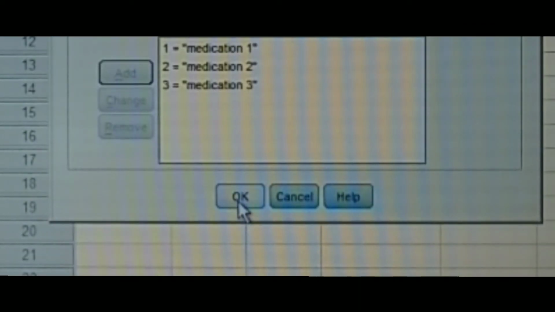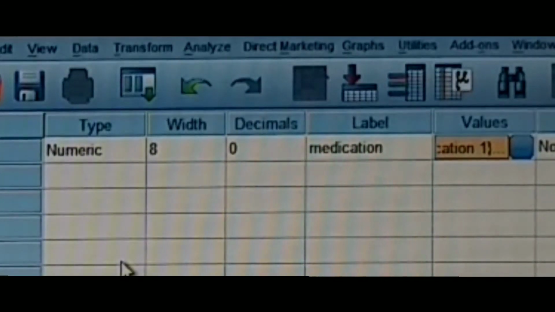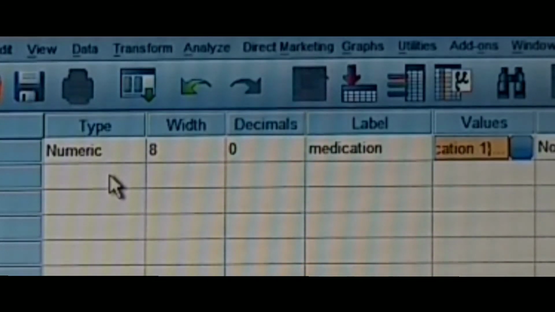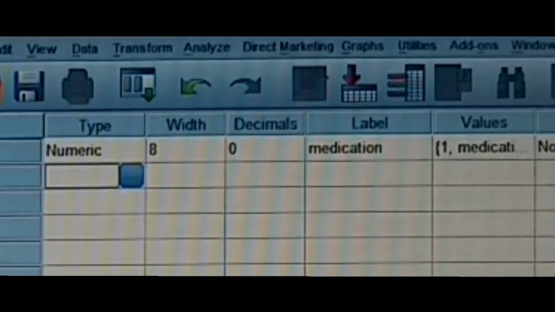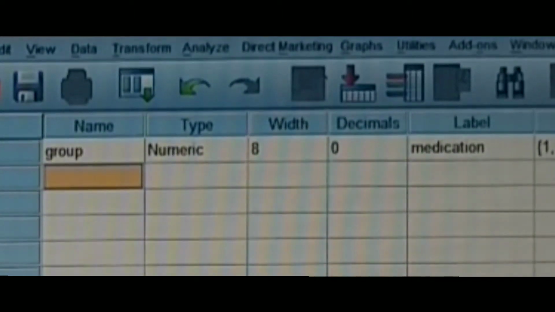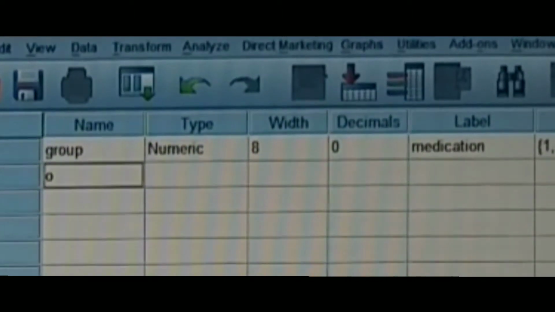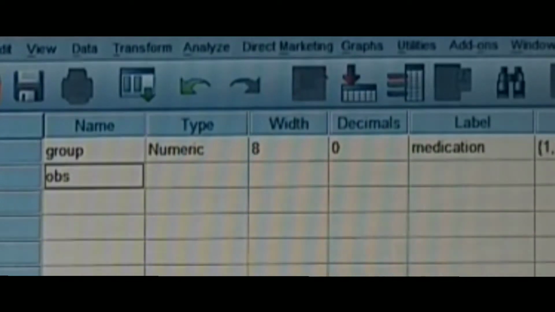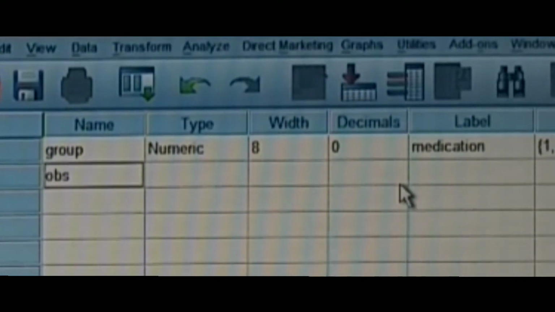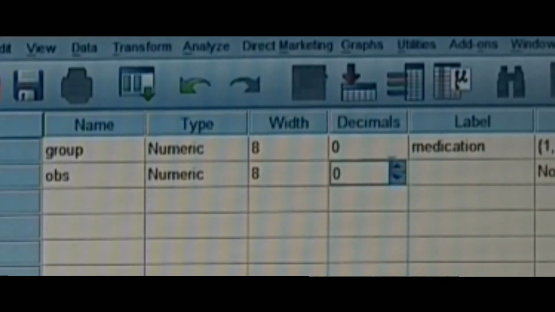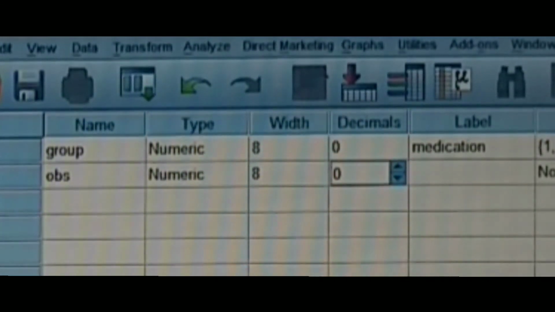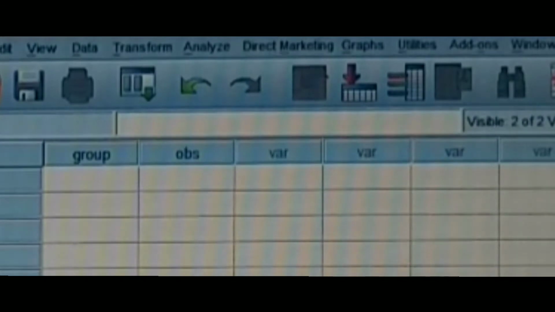So we click OK, and then after that, for the second row, we type obs. Obs meaning observations. So we put 0 on the decimals, and let's go back to data view.